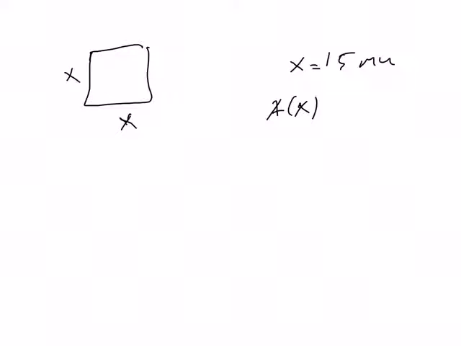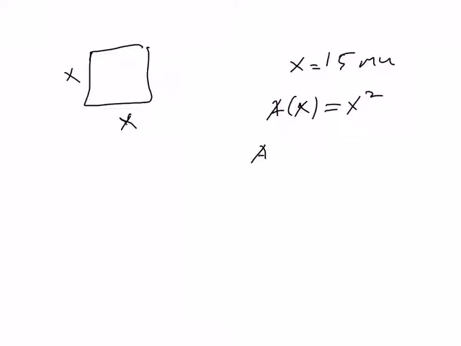So we're going to have side x, and x is really close to 15 millimeters, and A of x is going to be equal to x squared. We want to find the derivative and explain its meaning in this situation.